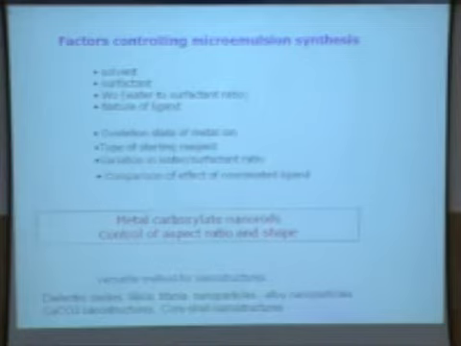You are trying to make nanorods of some metal carboxylate, which if you decompose properly, you will get metal oxide rods, and metal oxides are of a lot of importance. I will show you how you can control the aspect ratio and shape. We have also worked on a lot of other things. If I have time, I will show you some of these methods.